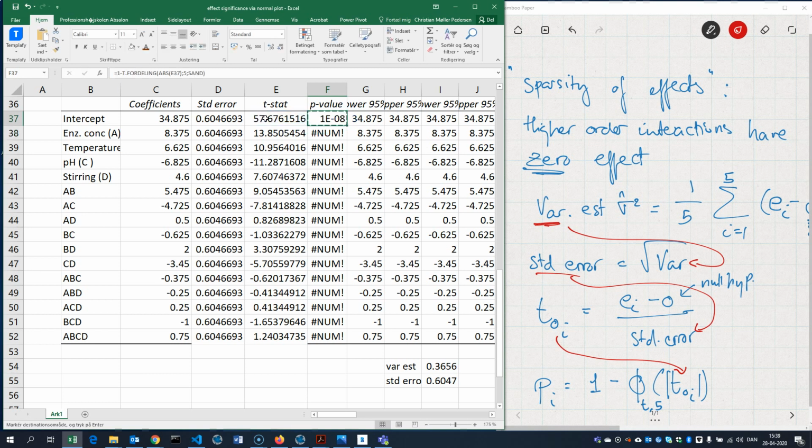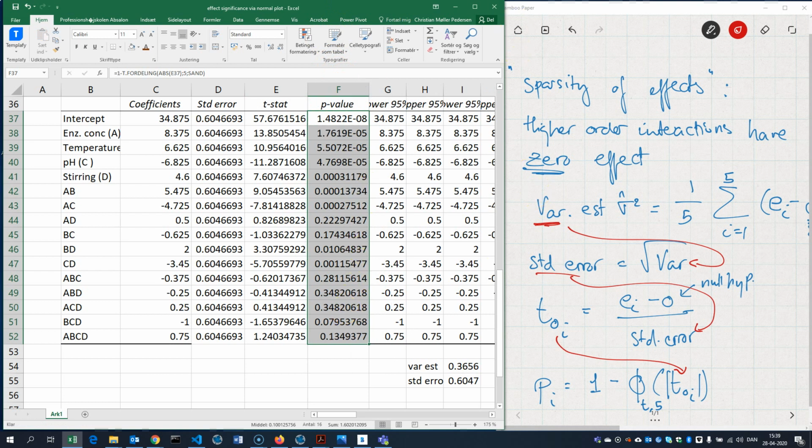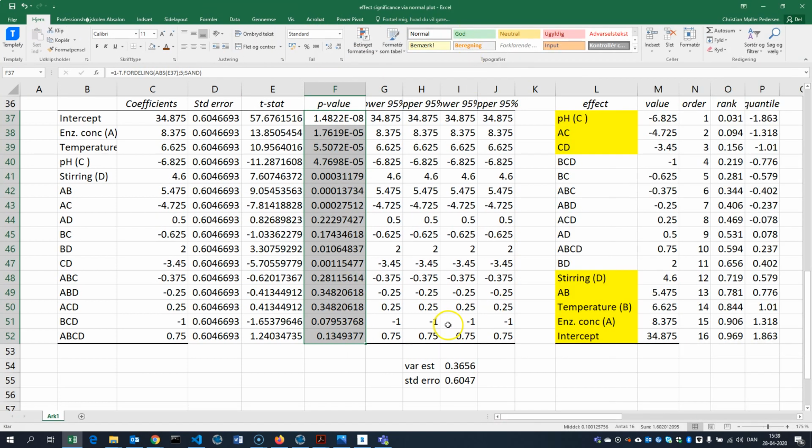There we go, and we make a copy of that all the way down here. And now we have p-values in order to find out which effects are significant. Let's just mark the ones that are significant, like that.